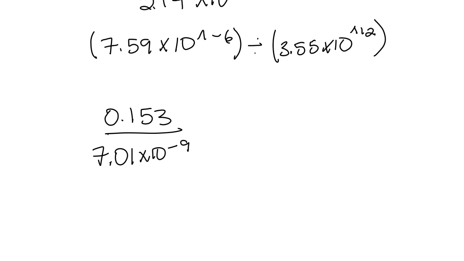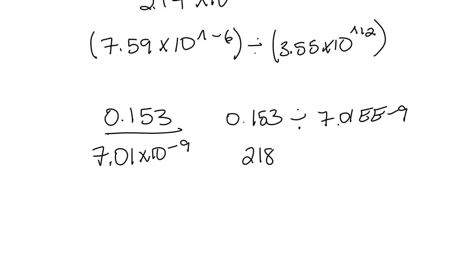So on my calculator, I'm going to go 0.153, and then divide by, and then I'm going to do 7.01 E negative 9. And when I do that, I get 218 and a whole bunch of other numbers.